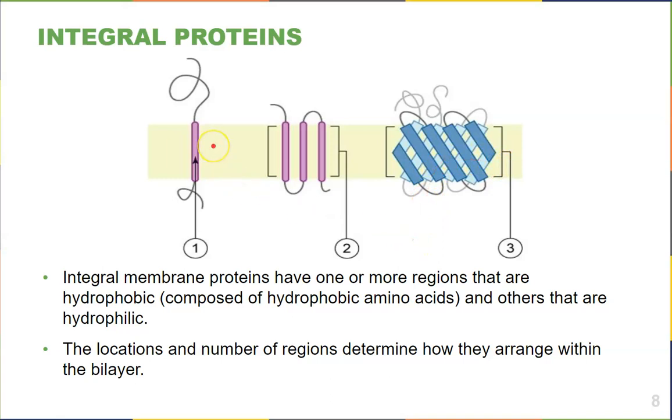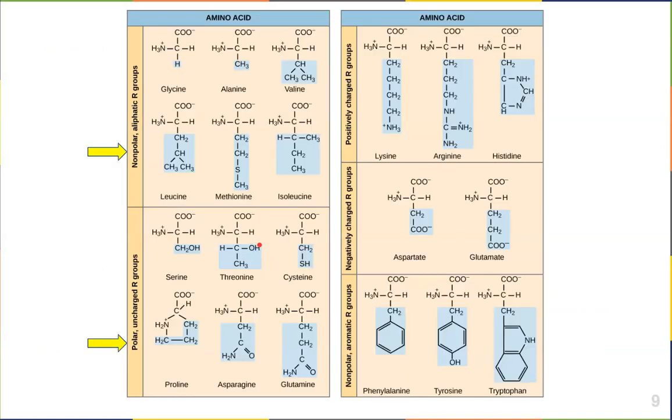And so proteins, if we think back to the chapter where we covered proteins, chapter 3, proteins are made up of amino acids, right? And those amino acids have different chemical properties. Remember, the primary structure of a protein is the links of all of these amino acids together in certain orders. So if we need a protein that is going through the membrane, we need to have certain amino acids in order.